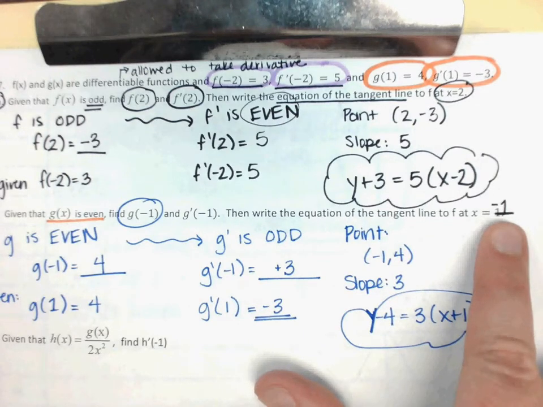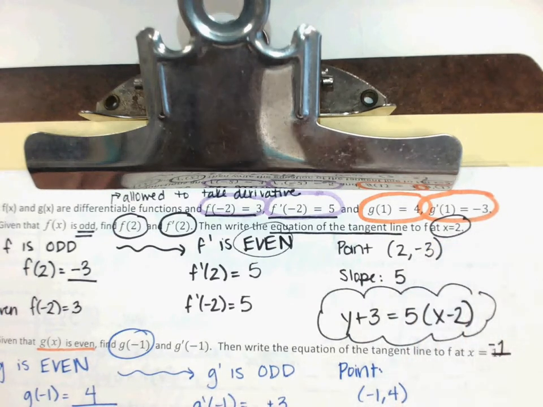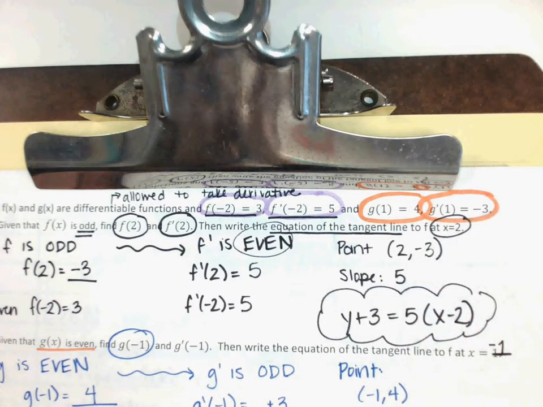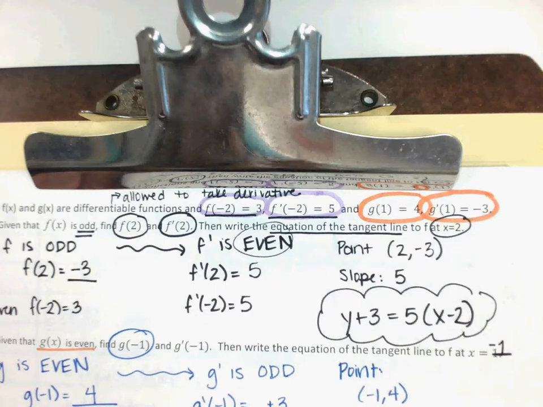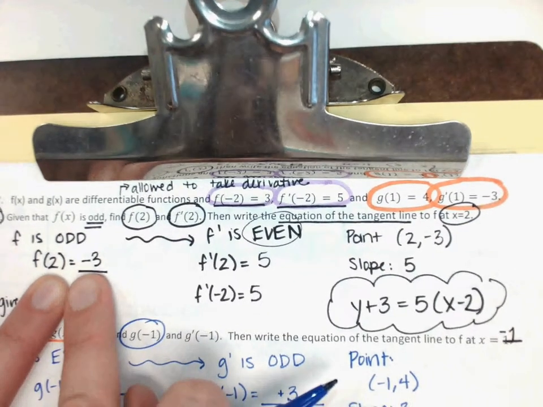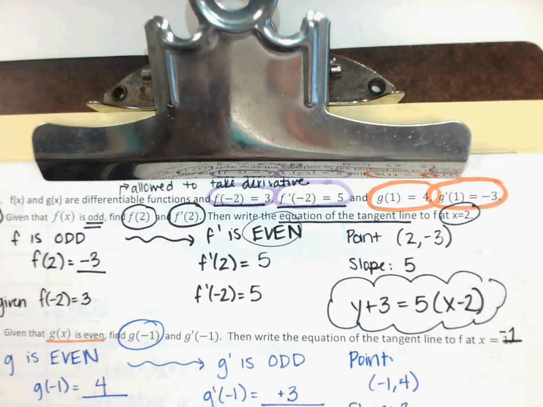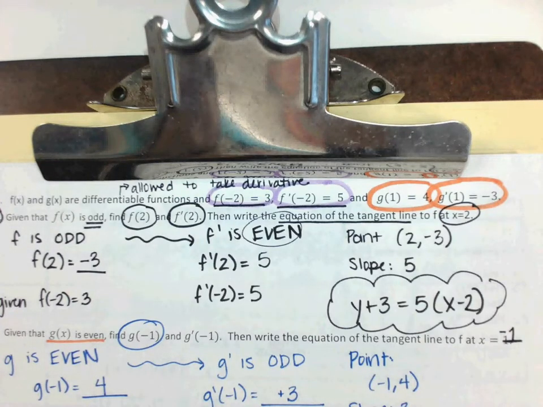So that's why we did it. And this one said at x equals 2. We're not plugging that in for f. Well, you are plugging it in for f, but you don't have an equation for f. No, because they didn't give us a decimal to plug in. Yes? Yeah, Jeremy.